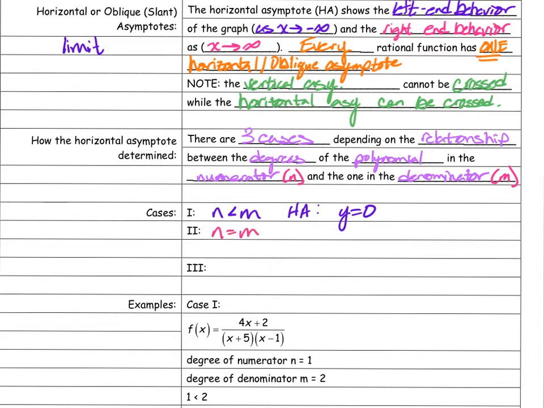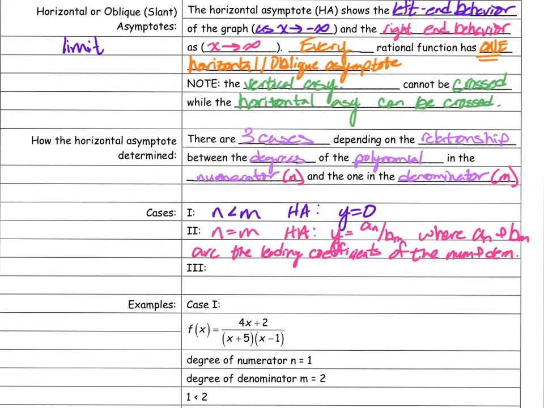If I have the same degree on top and the same degree on bottom, my horizontal asymptote will be y equals a sub n over b sub m, where a sub n and b sub m are the leading coefficients of the numerator and denominator, respectively.